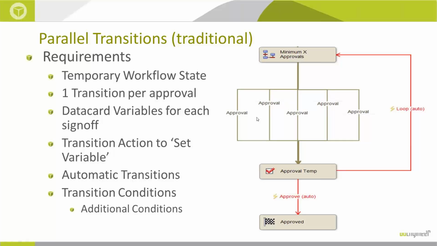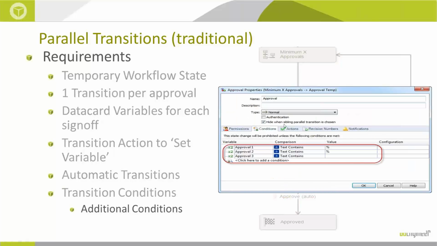So if we take a look at what those actually look like, instead of saying if quality is signed off, if engineering has signed off, we're just going to actually be writing a value to approval 1, approval 2, approval 3, since I'm requiring a minimum of 3 approvals.